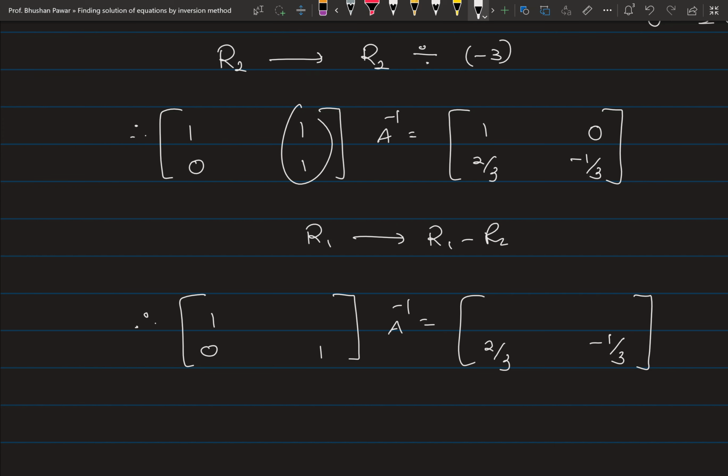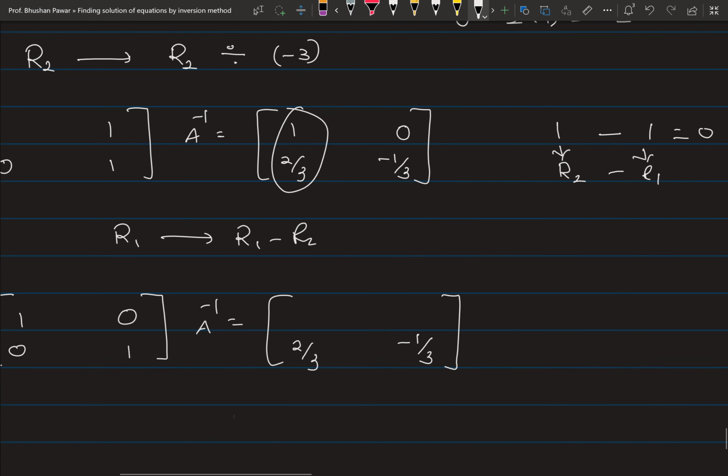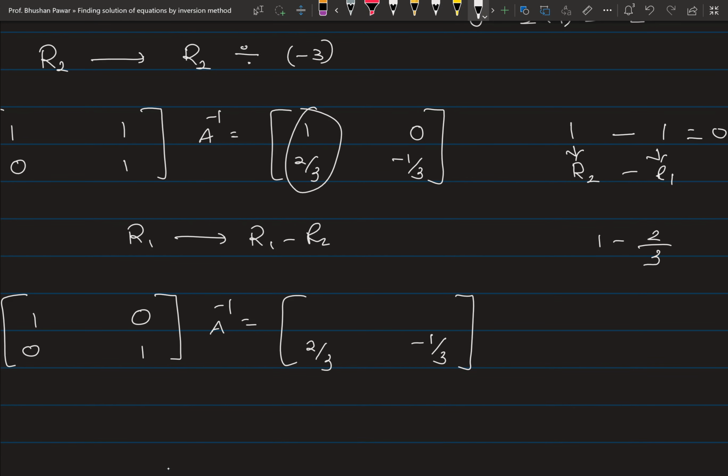Then for this 1 minus 1 is 0. Then next over here 1 minus 2 by 3. So 1 minus 2 by 3 will be 1 by 3 after taking LCM. And next 0 minus of minus 1 by 3, so that is 1 by 3.